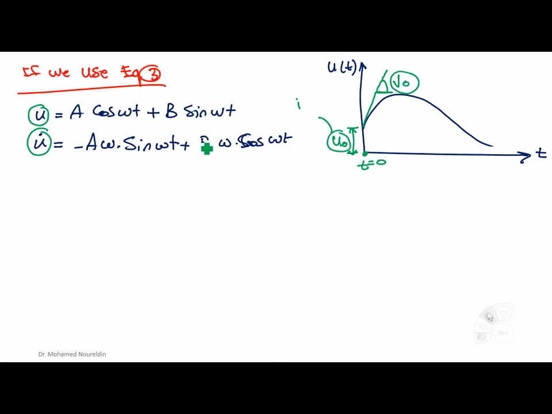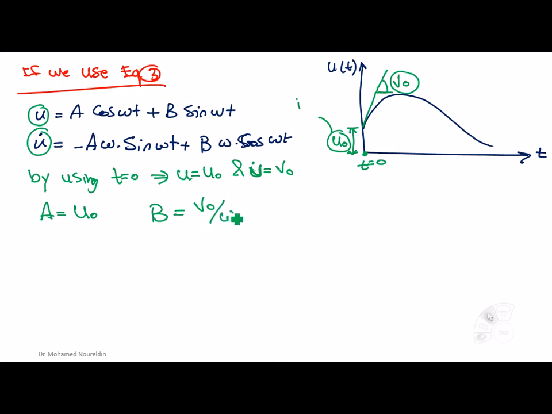So by using t equal to 0, we have u equal to u node and u dot equal to v node. In this case, we obtain the constant a is u node and the constant b is v node over omega. So our constants are now known from the initial conditions.